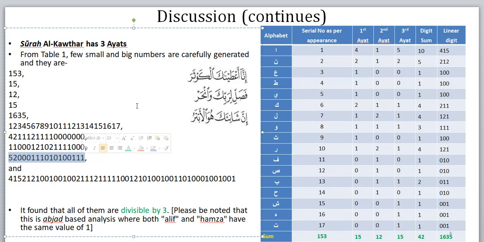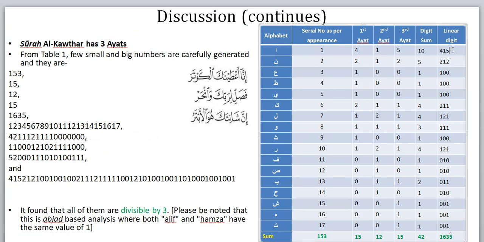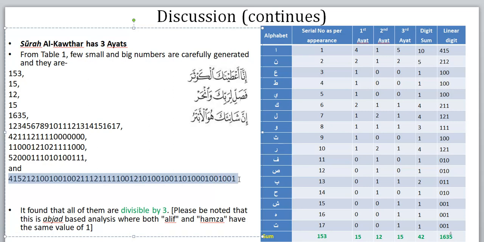And if we serially place these numbers, we get this very, very big number. And interestingly, we see that all these numbers are divisible by 3.